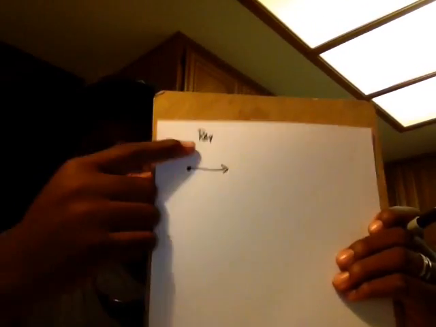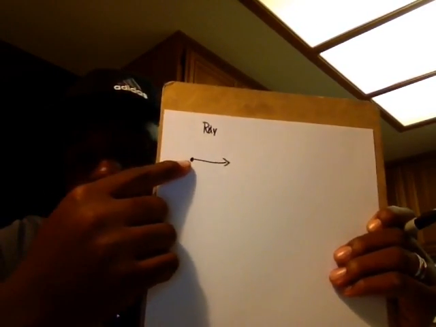Let's see, what's next? We have rays. Yeah. Okay, a ray is basically half of a line. A ray looks like this. Bam. A ray looks like this. You have a line and a stop point, right?